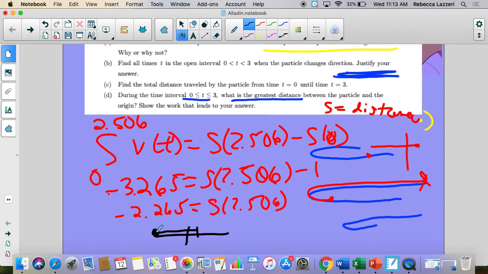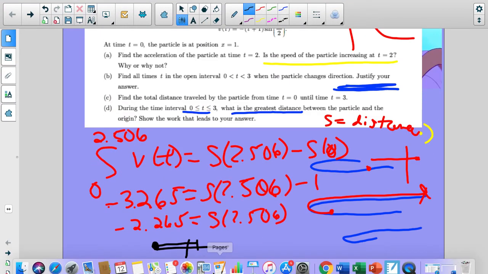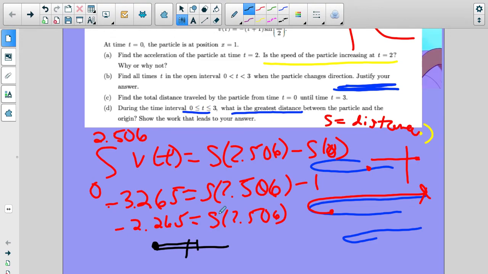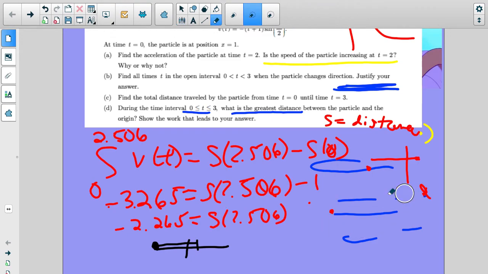So I integrated it from, let's see if I wrote down the numbers though, because they didn't do that in the solution, but I did somewhere. So I integrated it from 2.506, and it's very logical if you think about it.